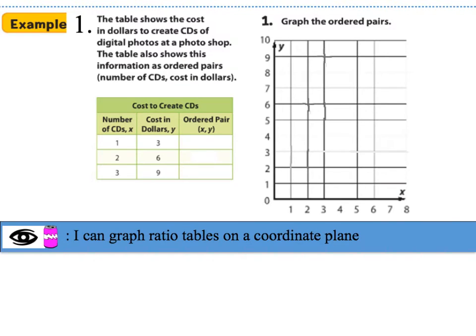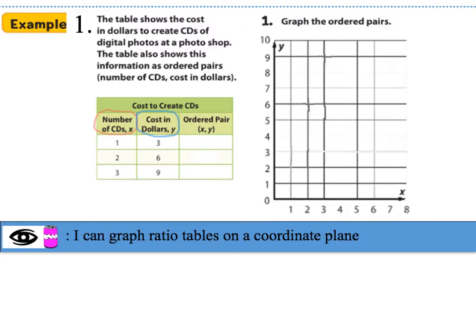So for example 1, it says the table shows the cost in dollars to create CDs of digital photos at a photo shop. The table also shows information as ordered pairs. So if I notice in my first column, I'm giving the number of CDs, and that's going to be represented by my x value. And in my y column, the cost in dollars is represented by my y value.